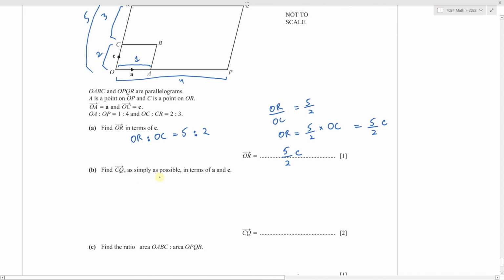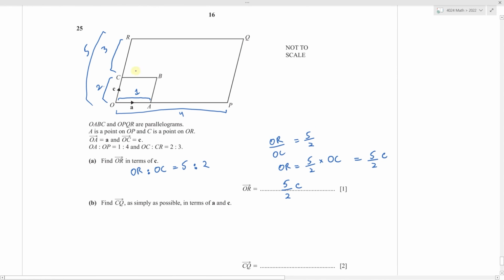Find CQ as simply as possible in terms of A and C. So CQ is this. If I use the head to tail rule, CQ is CR plus RQ. Now what is CR?